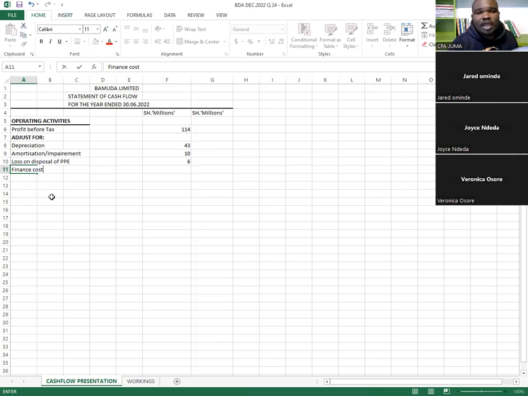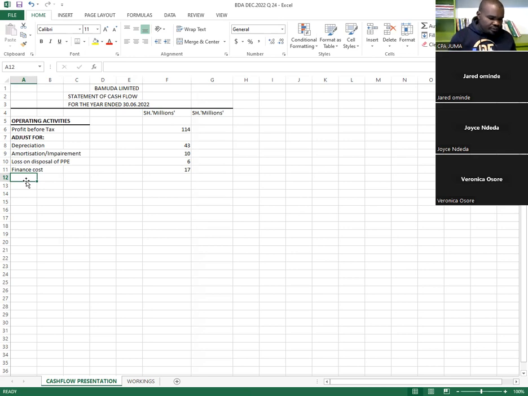That one does not require working. This is 17. You add it back. Going backwards, distribution is okay. Distribution is an operating expense. Administrative is okay because what was captured there was the loss, which we have rectified. So admin, you don't interfere with it. That is an operating expense.